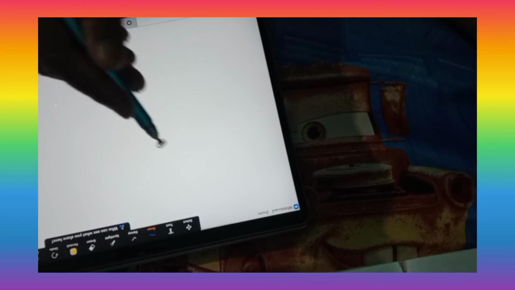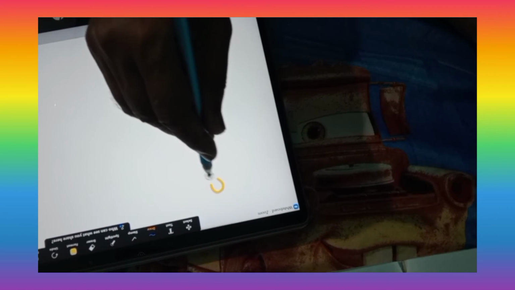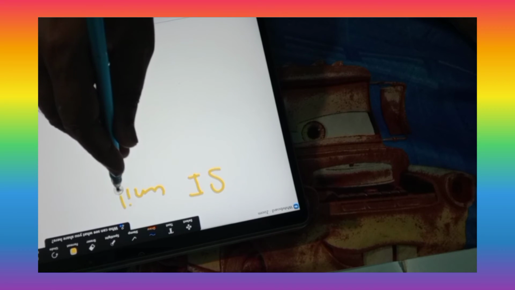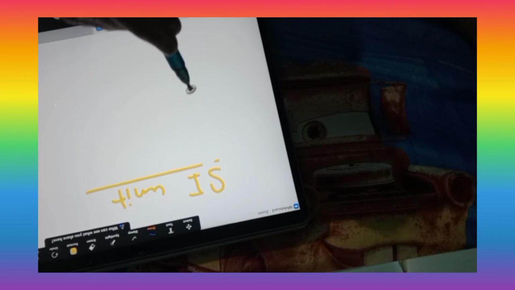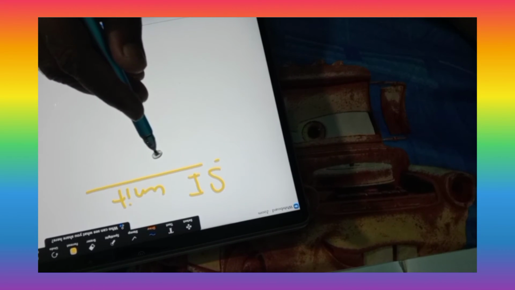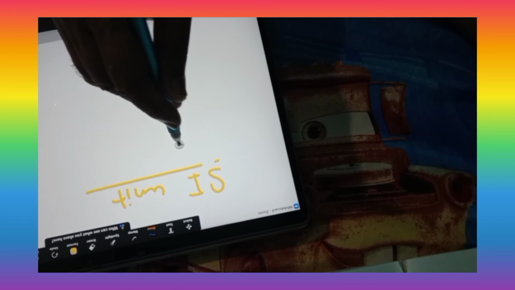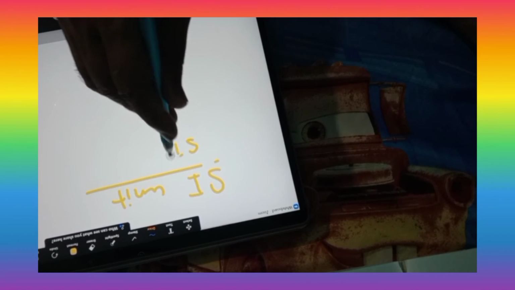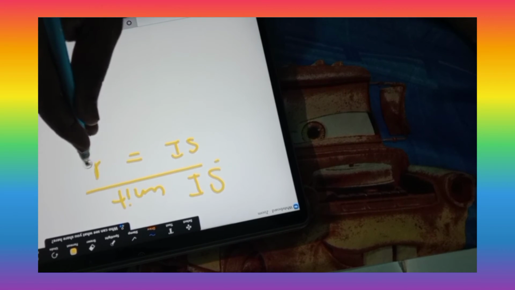Here is another important concept: the SI unit of magnetic field. What is the SI unit of magnetic field? The SI unit of magnetic field is known as Tesla.